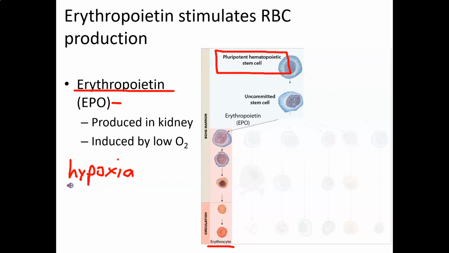So hypoxia will stimulate the production of red blood cells, right? And the way that happens is that it is sensed in the kidney, and basically we produce more erythropoietin that says take more of these stem cells and eventually make a red blood cell.